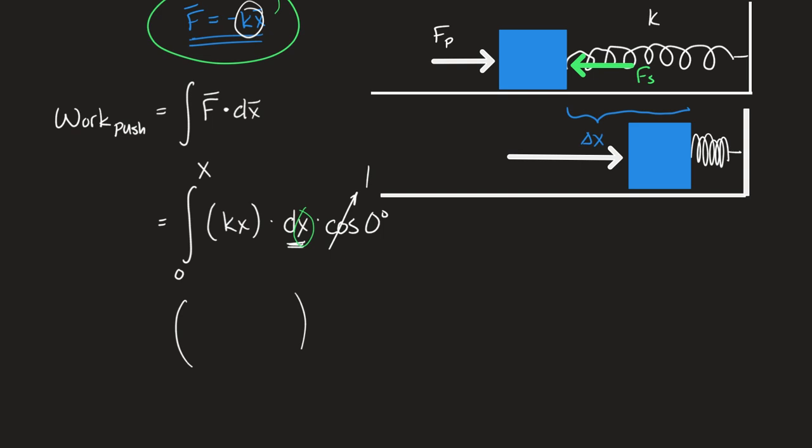So we look for anything that has an x or a function with x in it. The x here is just a polynomial, right? This is x to the 1 power. So the parentheses that I have written here are telling me that I'm going to take this and find the antiderivative. That's what we're doing when we're taking an integral.